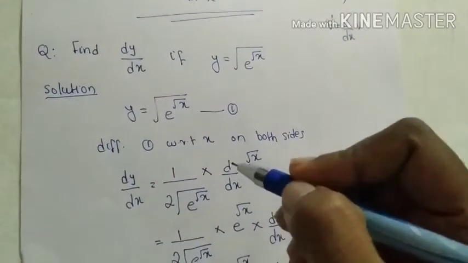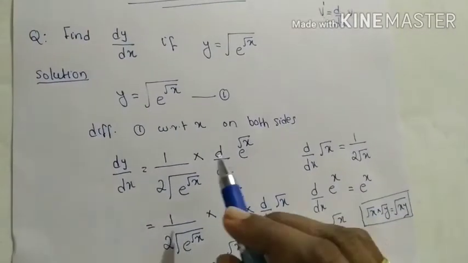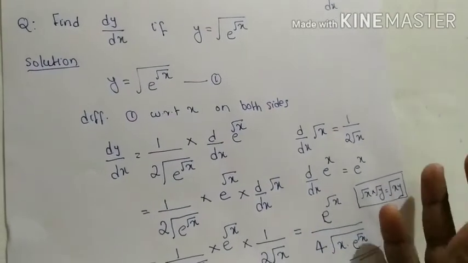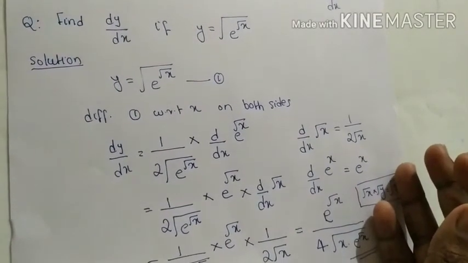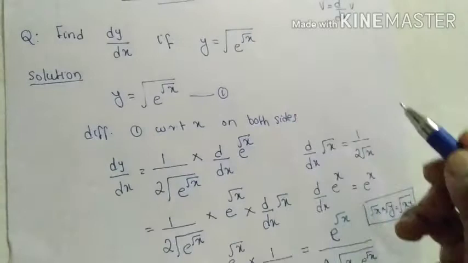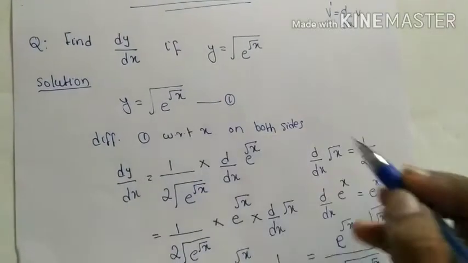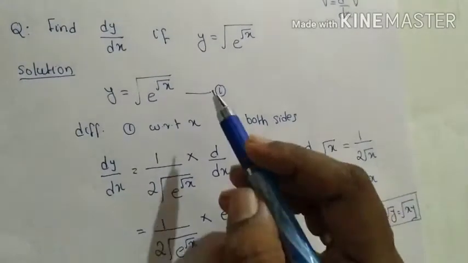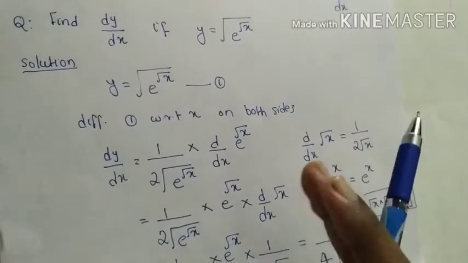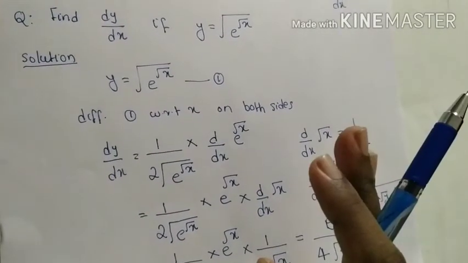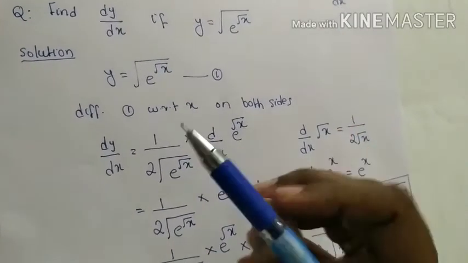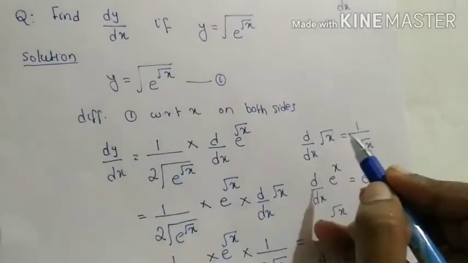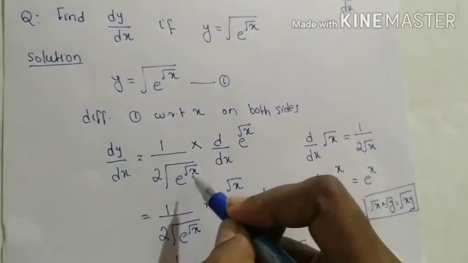So we need to calculate 3 different derivatives of functions. First one is in the form of root x, second one is in the form of e raised to x, third one is again root x. So we need to calculate three derivatives of function. I hope you understood the question very clearly.